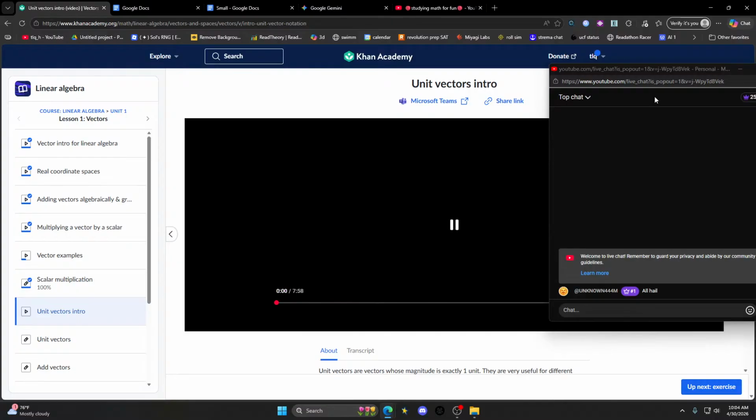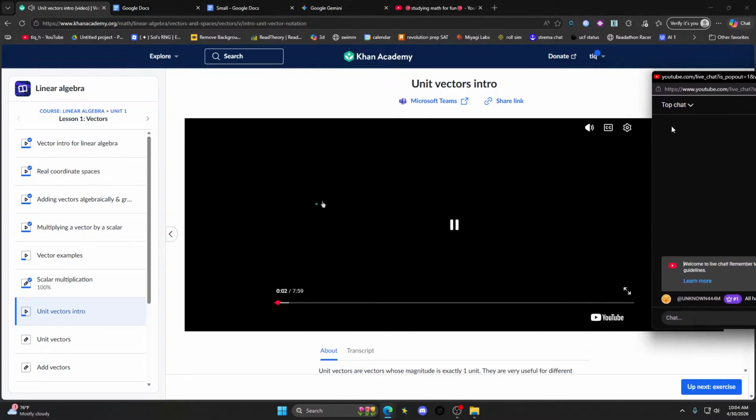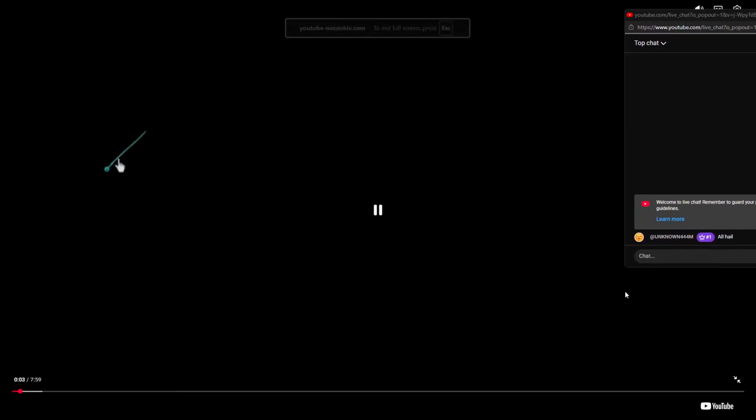Alright. We've already seen that you can visually represent a vector as an arrow, where the length of the arrow is the magnitude of the vector, and the direction of the arrow is the direction of the vector. And if we want to represent this mathematically, we could just think about, well, starting from the tail of the vector, how far away is the head of the vector in the horizontal direction, and how far away is it in the vertical direction?